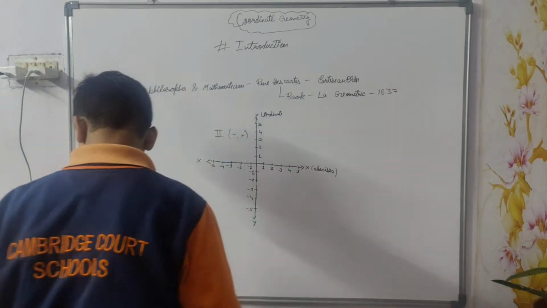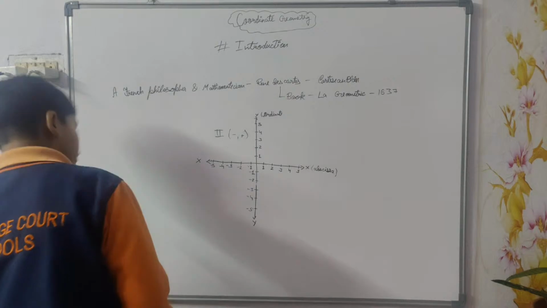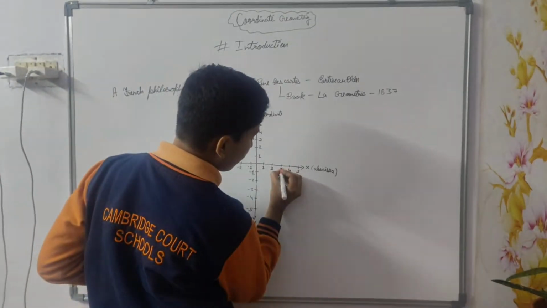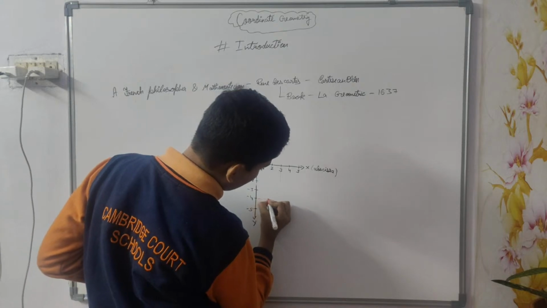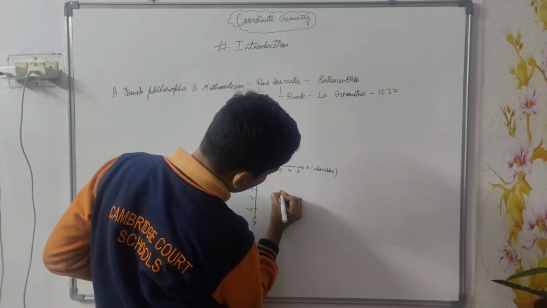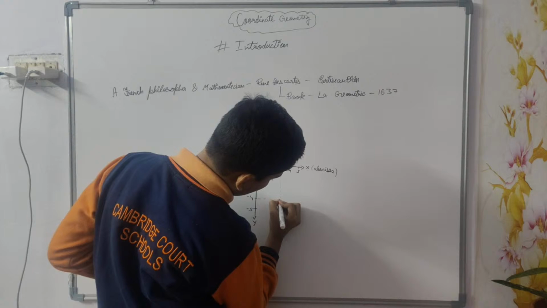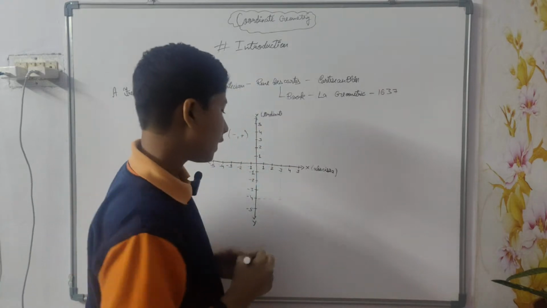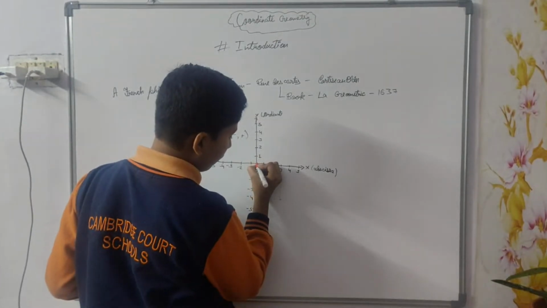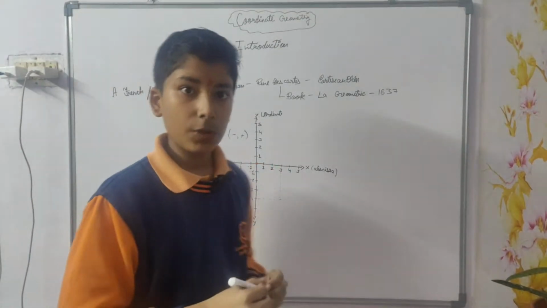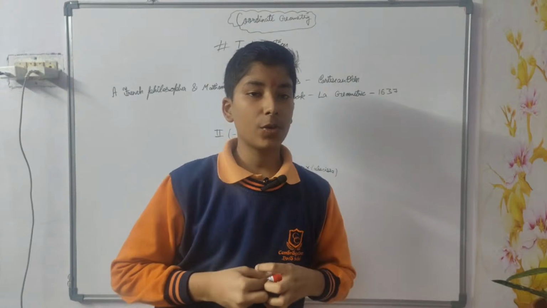And now I want to ask you, what will be the coordinates of this point? This point, what are its coordinates? And one more question, what are the coordinates of this point? You have to tell me. I am giving you some time.